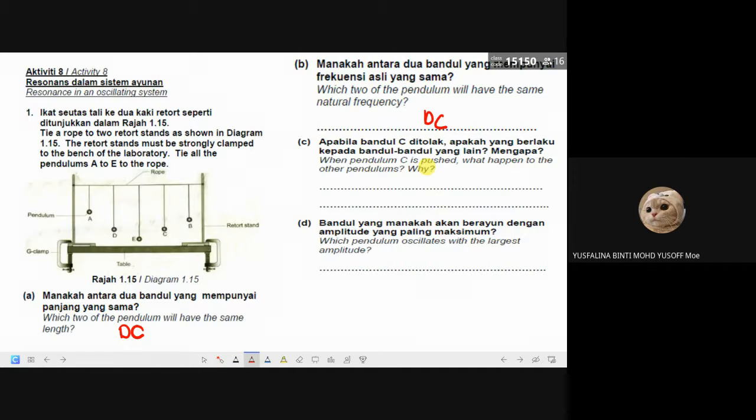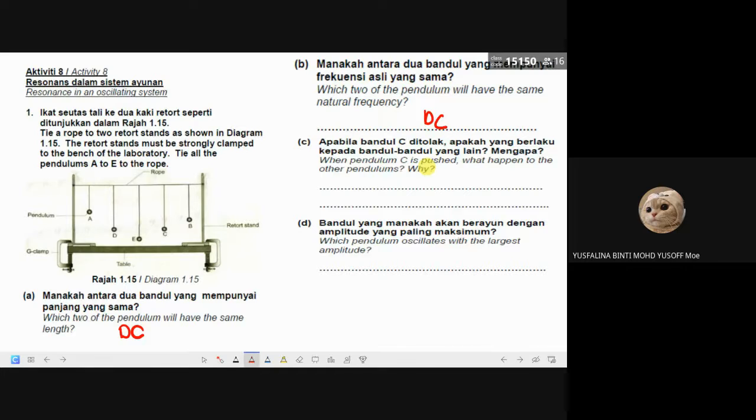But the one that oscillates with maximum amplitude is D, because it has the same natural frequency as C. Can you understand that? Are you clear that resonance is different from damping? In damping, the amplitude will decrease.